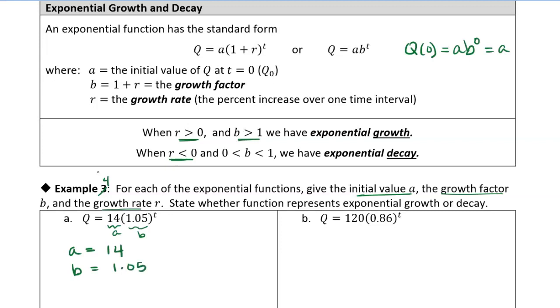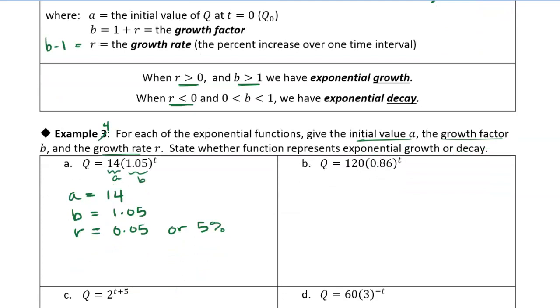And then r: b is equal to 1 plus r, which means that r is equal to, if I subtract 1 from both sides, b minus 1. So b minus 1 is just 0.05. So we have a positive growth rate, or we could write it as 5%. Oftentimes these growth rates are given as a percentage. So r is positive, which means that we have exponential growth.